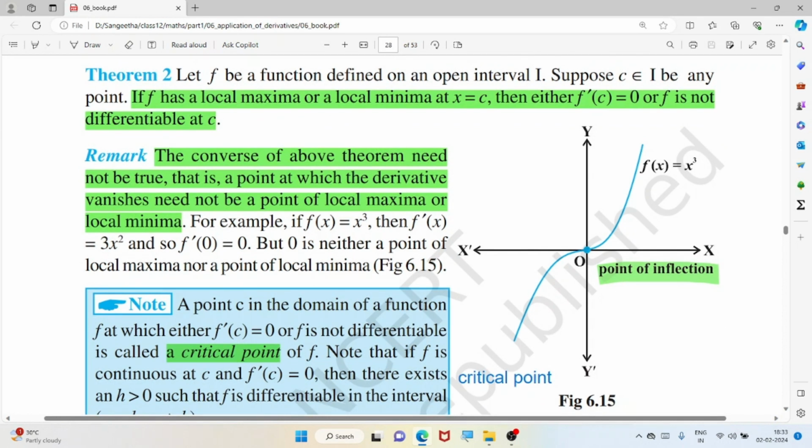If f has a local maxima or local minima at x equal to c, then one of these is satisfied: f dash of c equal to 0 or f is not differentiable at c. Not differentiable, we have seen the sharp turn above in example 27 I think. So like that, f is not differentiable or f dash of c is 0.